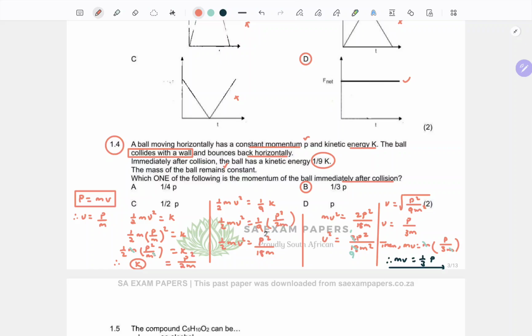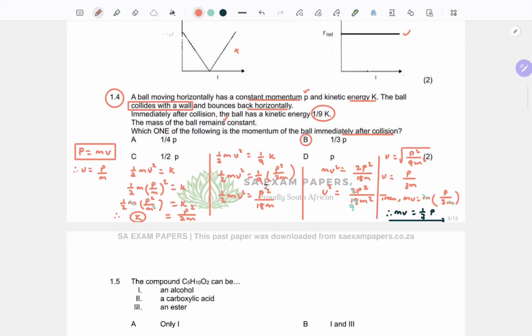I'm thinking, was it possible here to just solve for mv instead? Let's think about this stage, because I feel working out velocity first would not have been a problem if we knew what to do. So let's say mv squared equals 2P squared over 18M. Now we want to isolate mv.